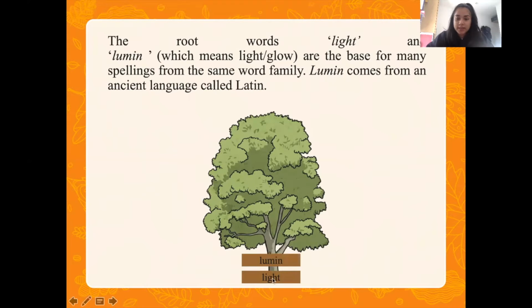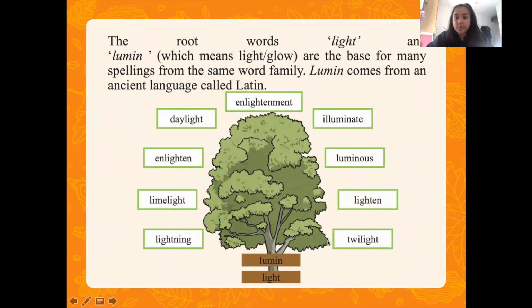So we've got light and lumen. And here are some of the words that fall under this word family. So we've got lightning, limelight, enlighten, daylight, enlightenment, illuminate, luminous, lighten, and twilight.